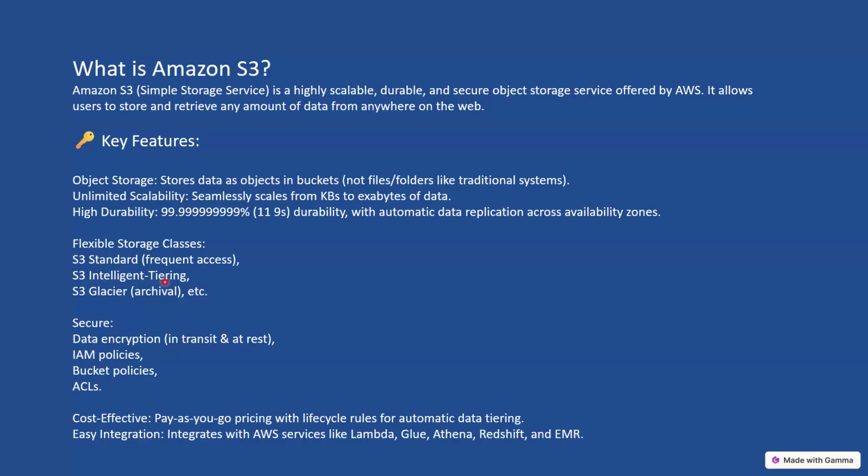S3 analyzes whatever data you put in S3 and how frequently you are using it. If you are accessing it frequently, it stays in the frequent tier. Otherwise, it moves to the infrequent tier and Glacier, right?